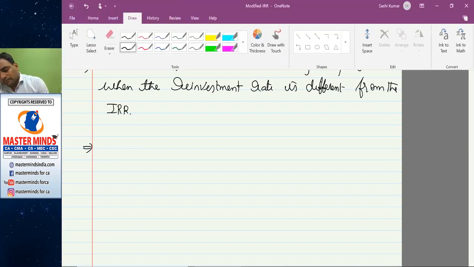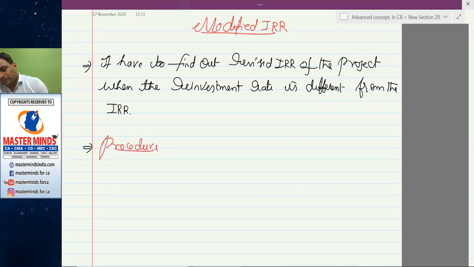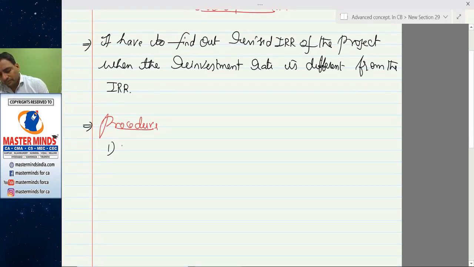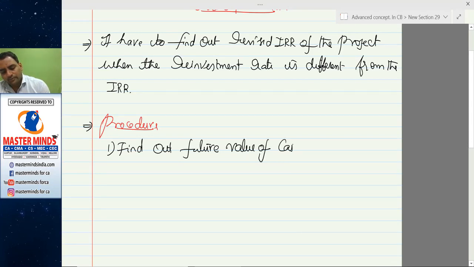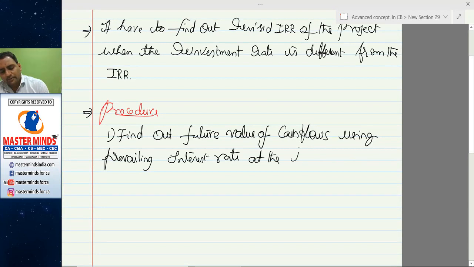So how to find modified IRR? This procedure is very simple. Find out the future value of cash flows using the prevailing interest rate at the time of investment.